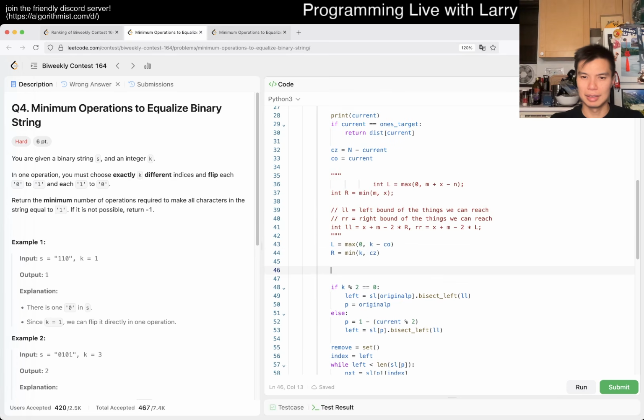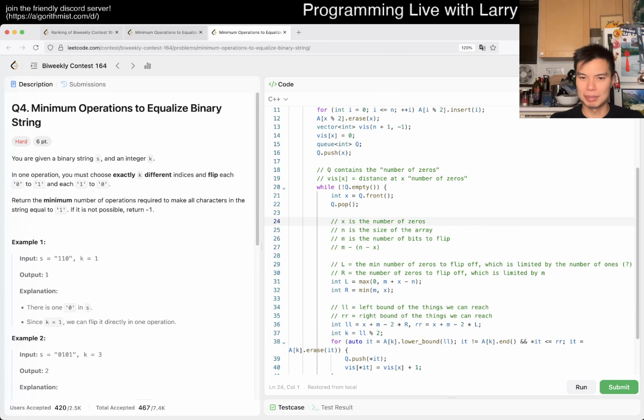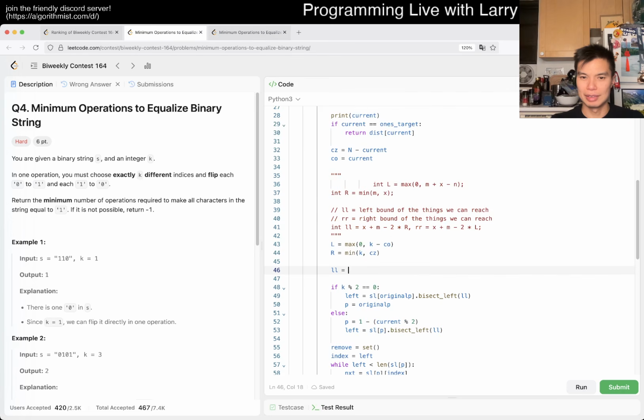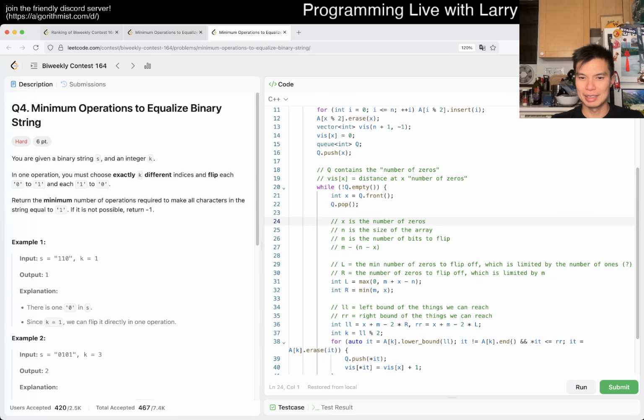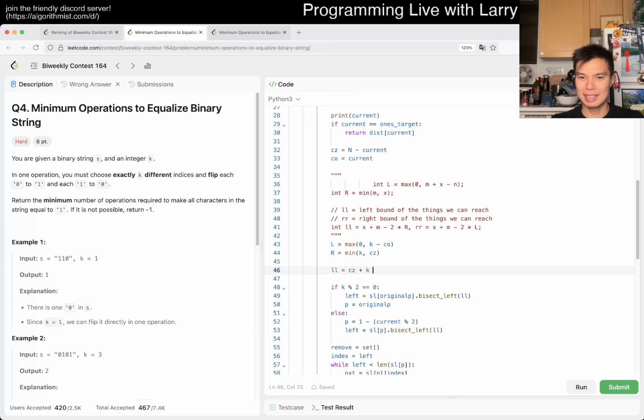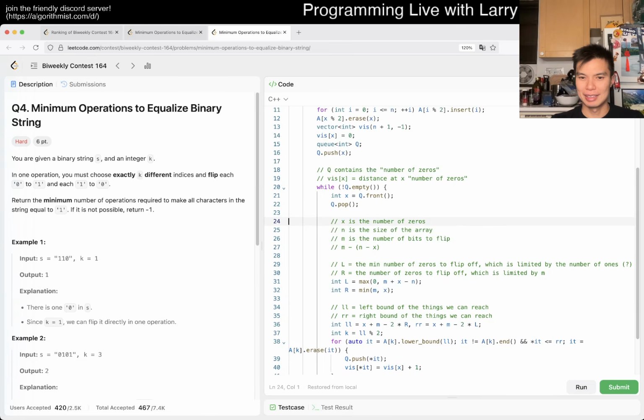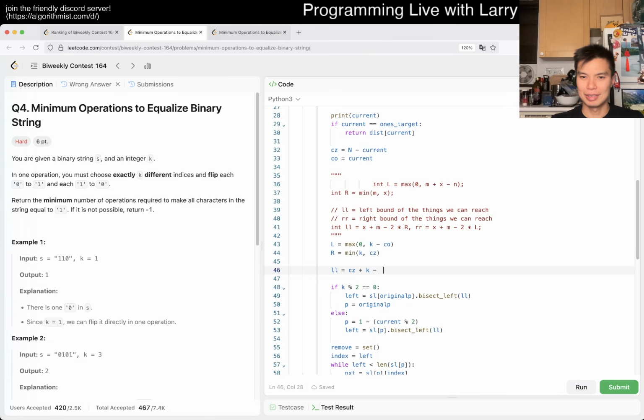Okay, and then LL in this case would be equal to K plus, what's M again? No, M is the K. What's X again? X is the number of zeros. Plus K minus 2 times R.